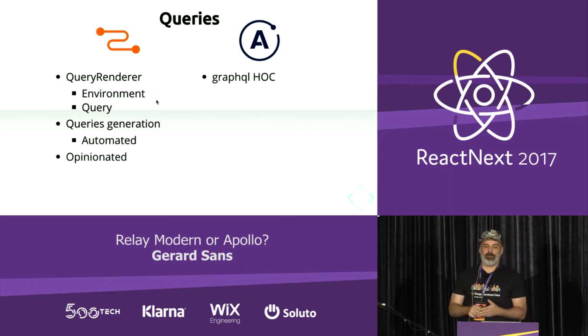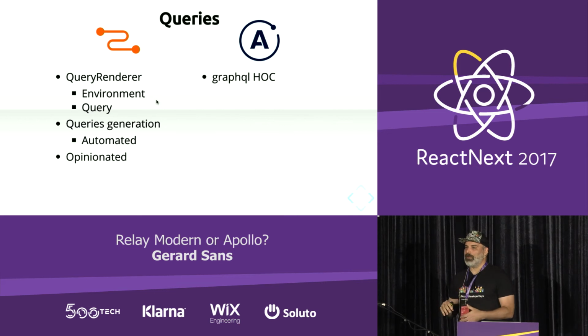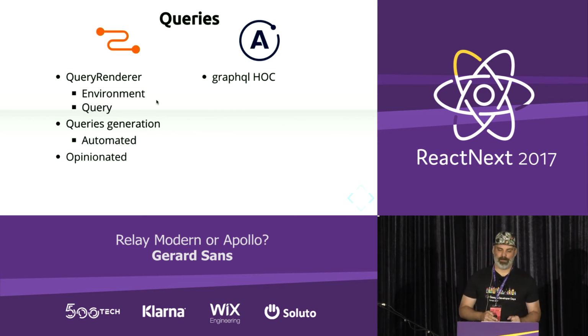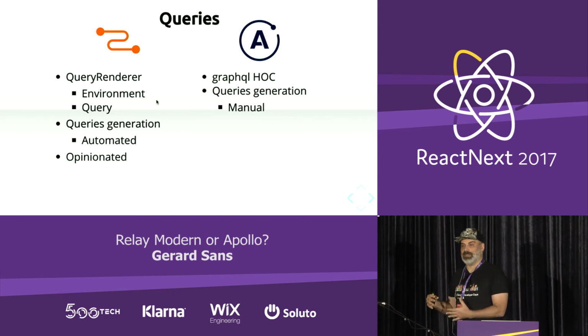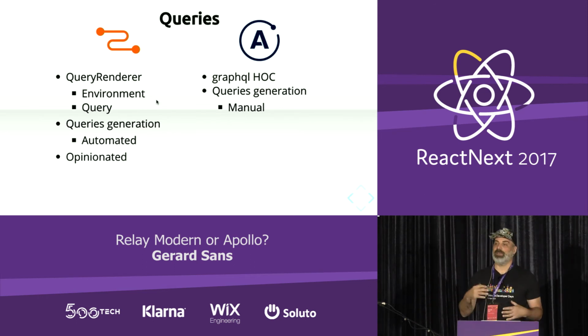In Apollo Client, we are using the GraphQL high-order component, which is also a wrapper around our components. So it's a little bit different. The way we do our queries is manually. We need to think about the queries we want to build, and we are not just using the fragments, which is the data for our components, but we are also in charge of building the queries.